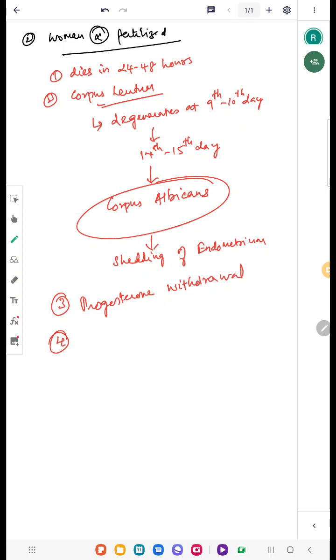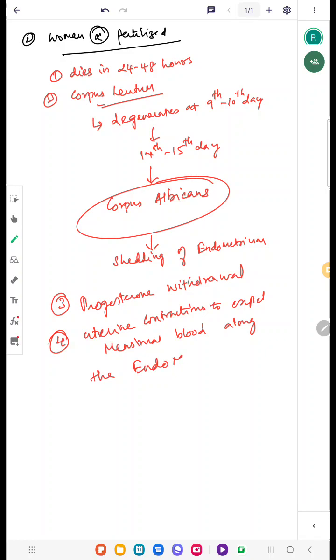Along with the remnants of the shed endometrium, the uterine contractions expel the menstrual blood along with the proliferated endometrium, the remains.